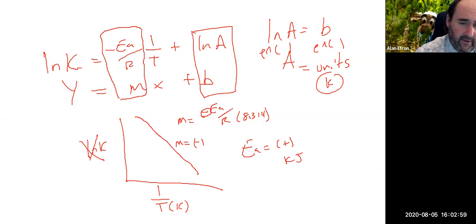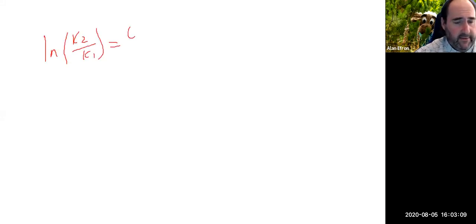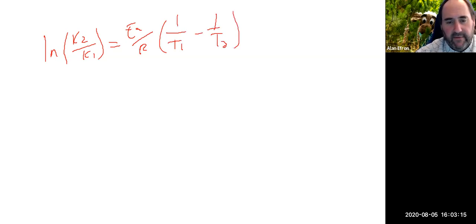Now, we don't really want to graph all the time, so there is a mathematical version of it, sometimes referred to as the 2-point version of it, which is the natural log of k2 over k1 equals Ea over R, 1 over T1 minus 1 over T2. Obviously here, temperature in Kelvin. Our R is our gas constant.